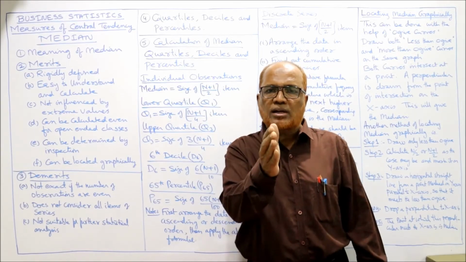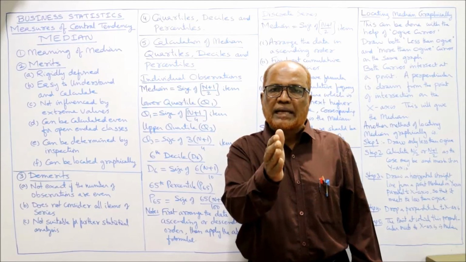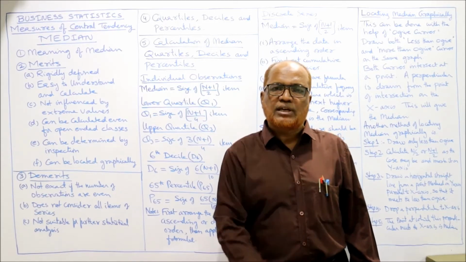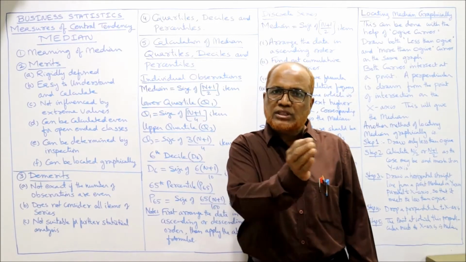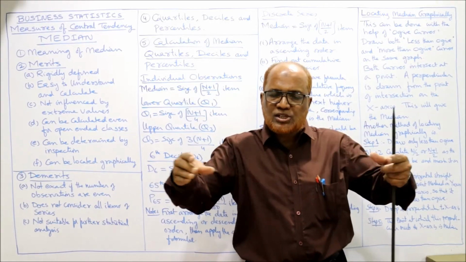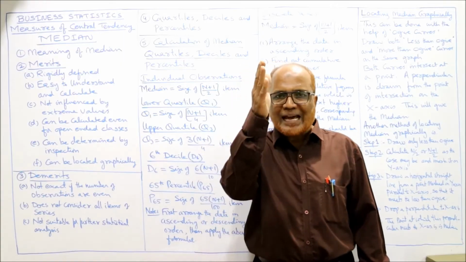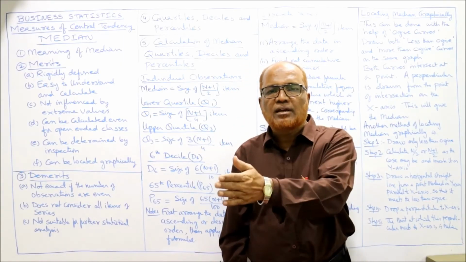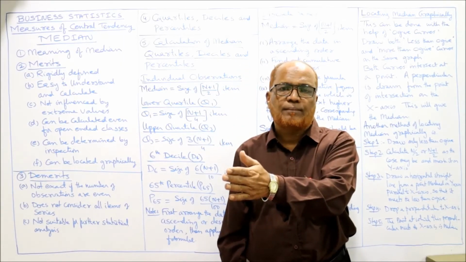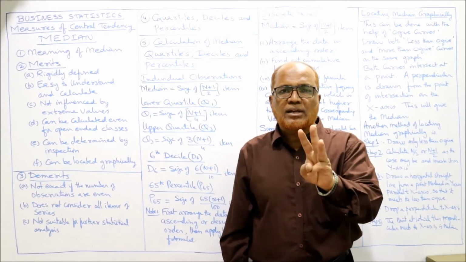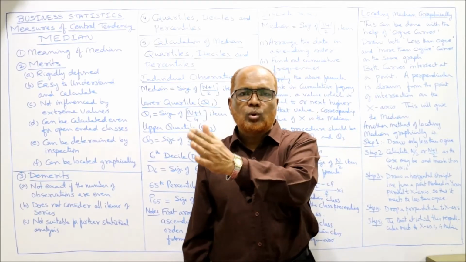So the first quartile Q1 will take 1/4 area, that is, 1/4 of the total distribution will be taken by Q1. Then Q2 will be exactly in the middle. Then Q3 will take 3/4 of the area. So totally 3 quartiles are there: Q1, Q2, Q3.